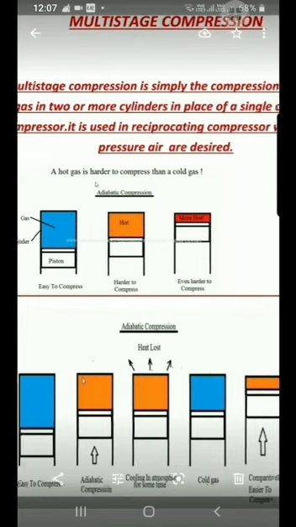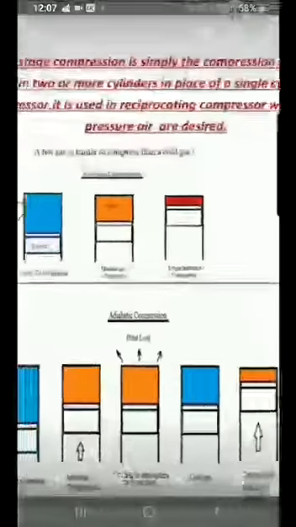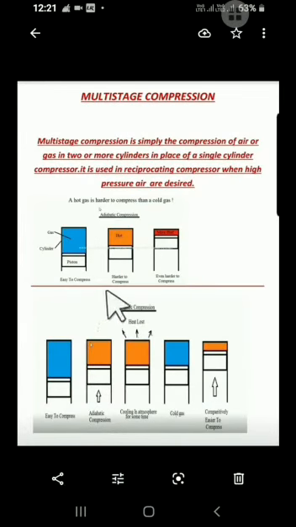Now, what can we do? Let's do the same thing with another arrangement. This is a piston cylinder arrangement containing the gas or air. This air is compressed adiabatically up to some extent. Since the compression is adiabatic, temperature and pressure rise.